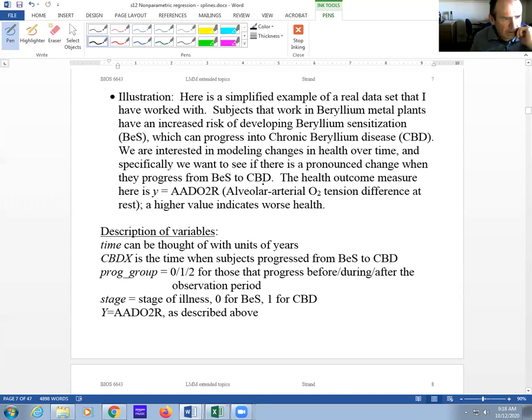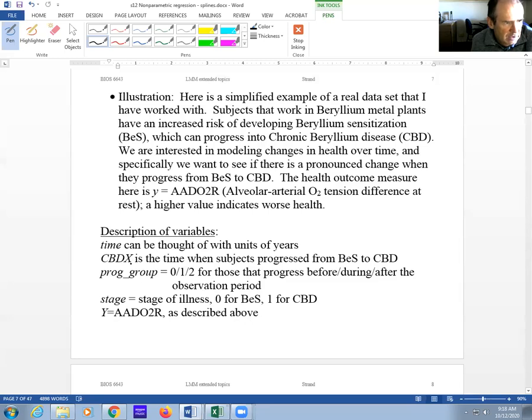So one of the outcomes we're considering here, we looked at many, but one of them was the alveolar arterial oxygen tension difference at rest, with higher values indicating worse health. So I'm going to build a model to look at this outcome, and here are the predictors that we're going to consider.